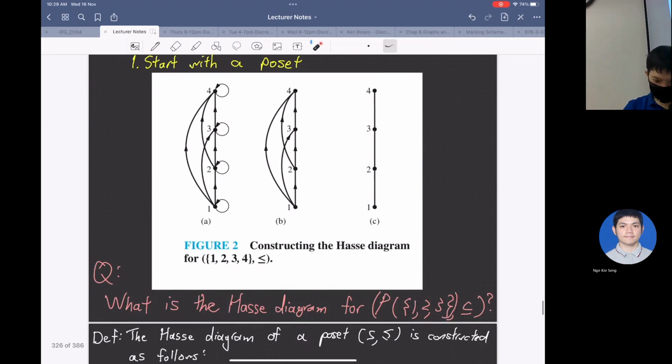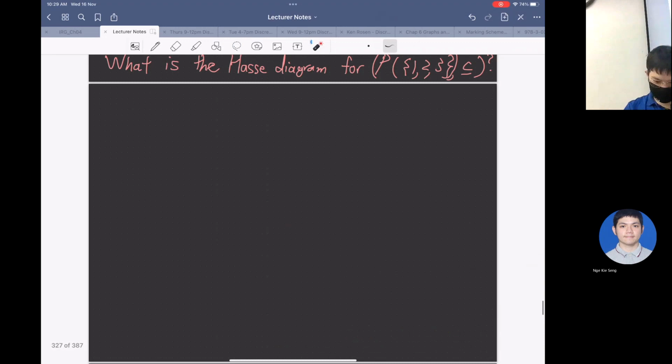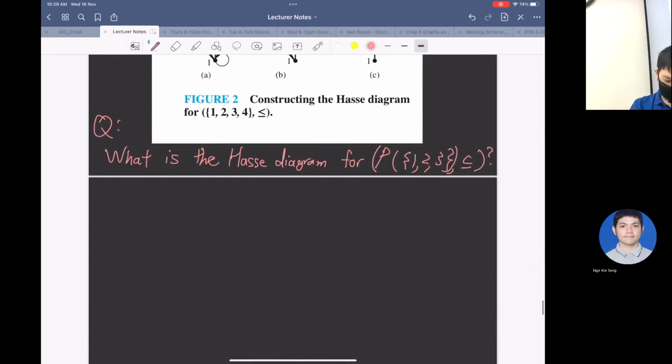Okay, I thought you know, so not sure if you are confused with this or not. So the power set of the set containing 1, 2, 3 is what? Remember the exam question?